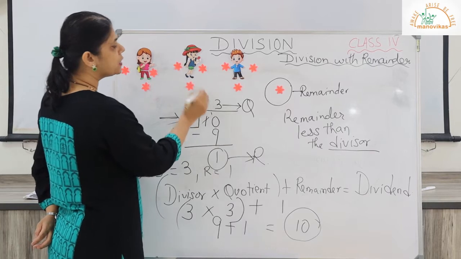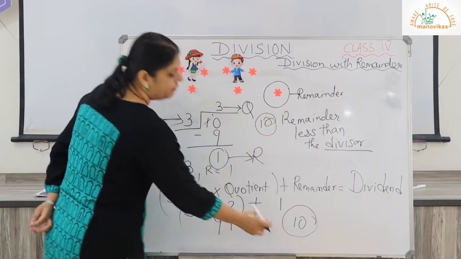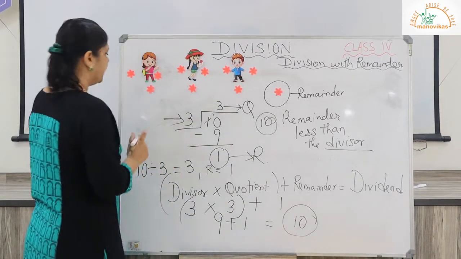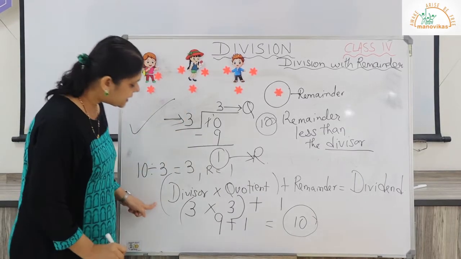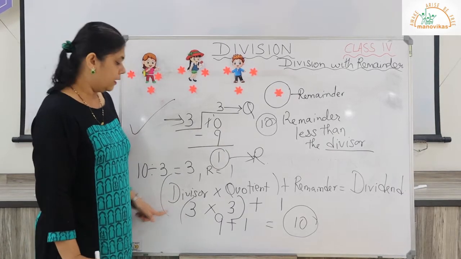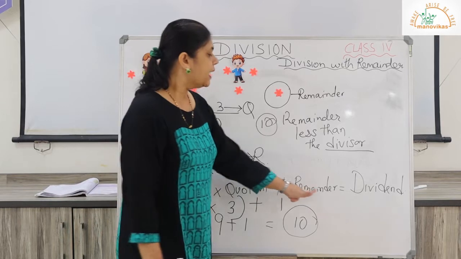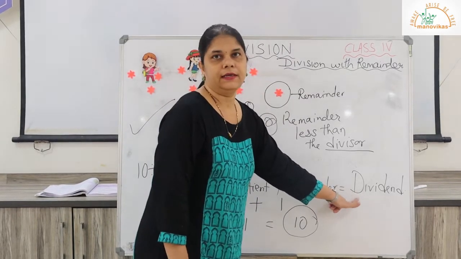What was the total number of flowers we have divided? 10, right? So the dividend is the same and then you know that the answer that you have got is correct. So this is the way you check your own answer. Divisor multiplied by quotient plus remainder should give you the dividend.